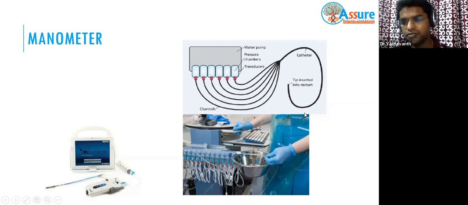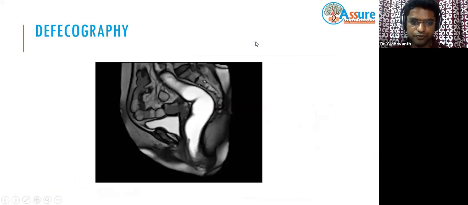So this water perfused catheter is being used in most, and this will be placed within the rectum in the left lateral position, and you will assess the pressures. These sensors will pick up the pressure, which will be analyzed by software in the computer, and you will get the graph.